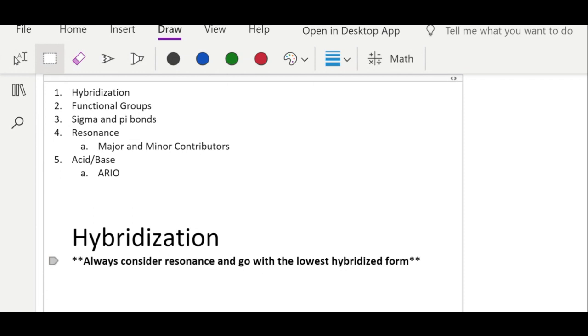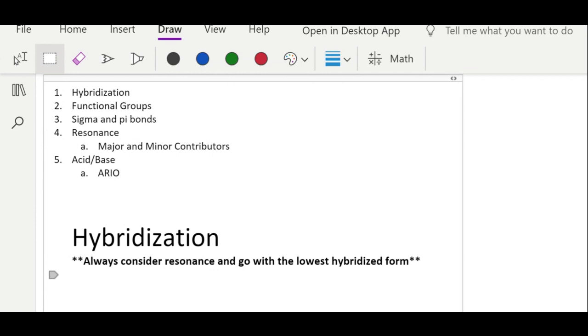When I say consider resonance, I don't mean always go with the resonated form of the hybridization. Go with the lowest energy and lowest hybridized form, which is obviously going to be sp2 when it comes between sp2 and sp3. All right, we'll talk more about that with an example with amide.